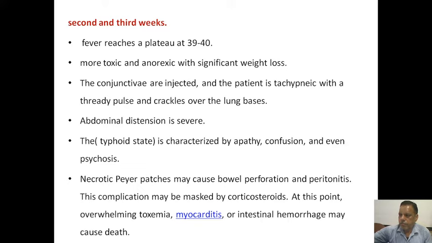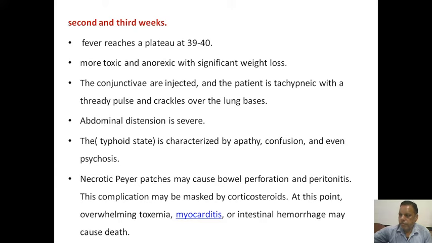Typically a phrase is used, coma vigil, where the patient otherwise appears to be aware of his surroundings, but does not respond to any external stimuli. So he appears to be in a coma, though exteriorly it might appear that he is just normal, just looking around.